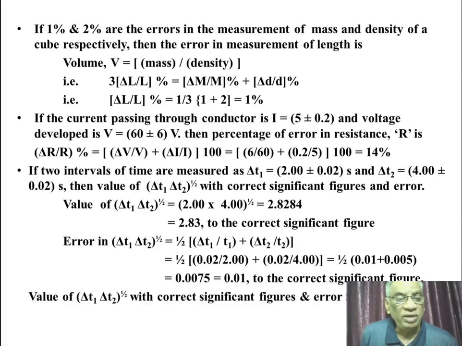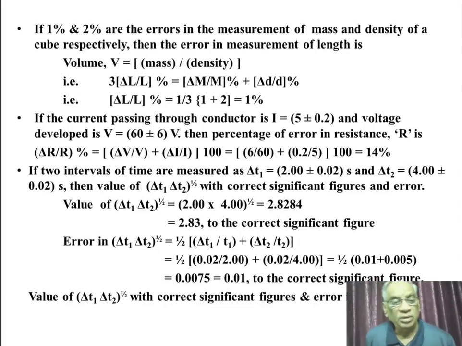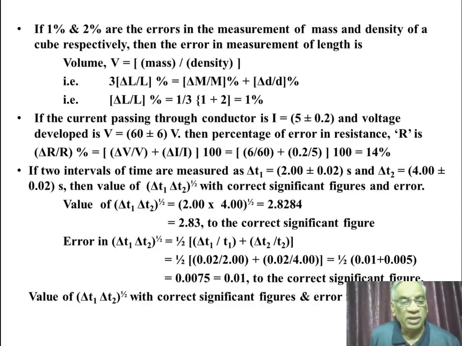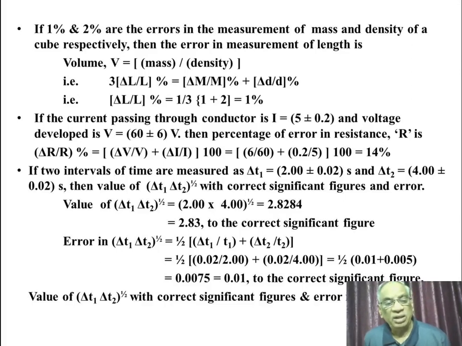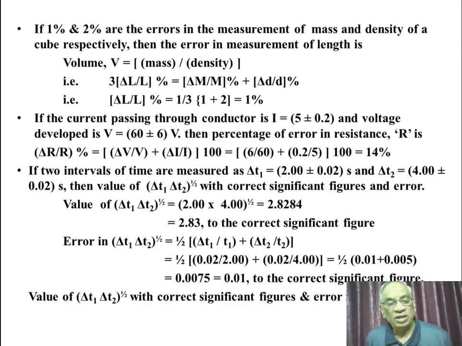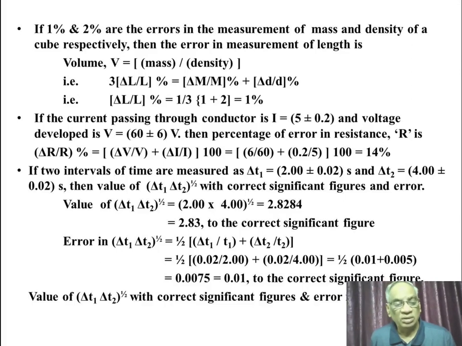The actual value is the square root of t1 t2, that is equal to 2.8284, that is 2.83 to the correct significant figures, because the values are given to 3 significant figures. So we have to reduce 2.8284 to 2.83.